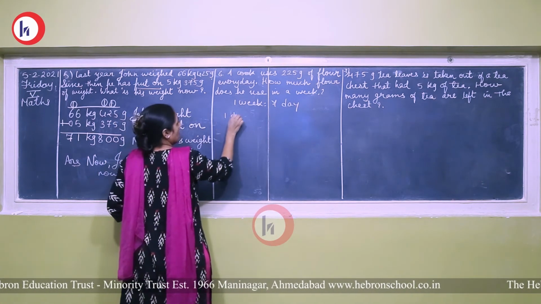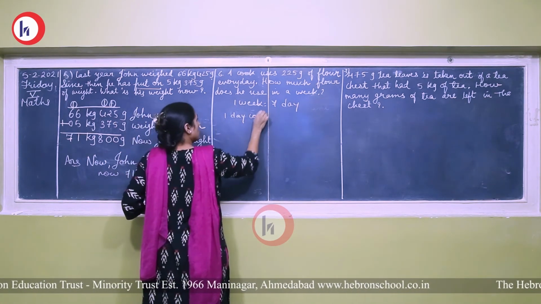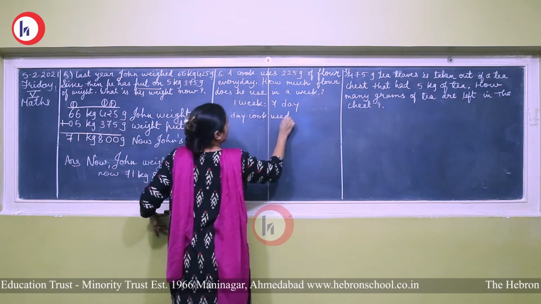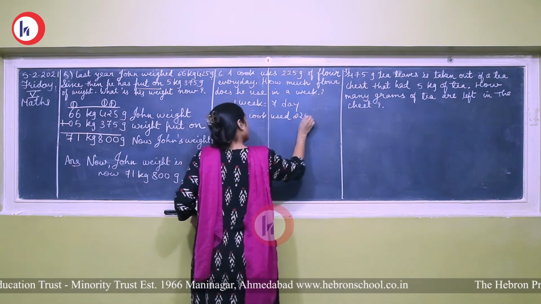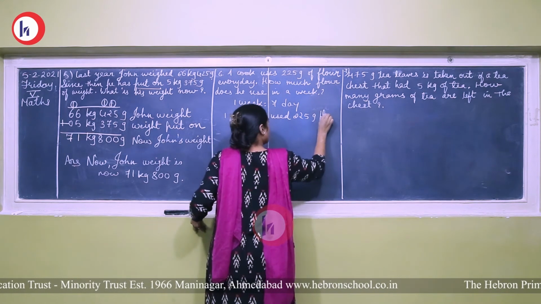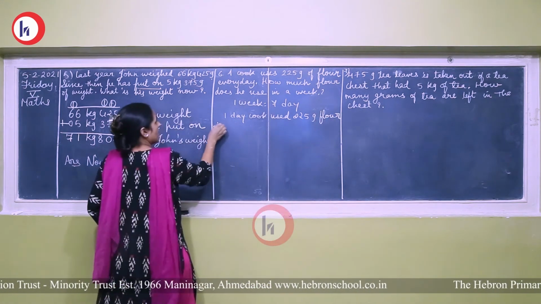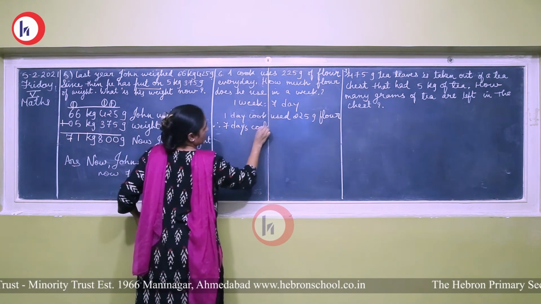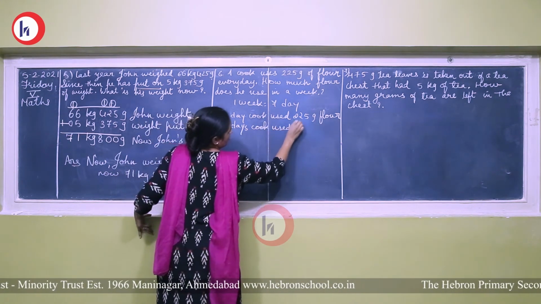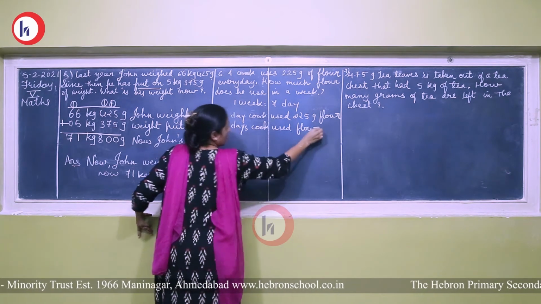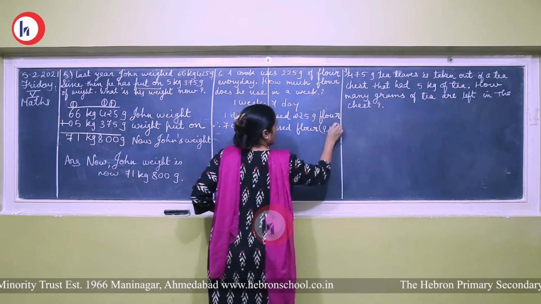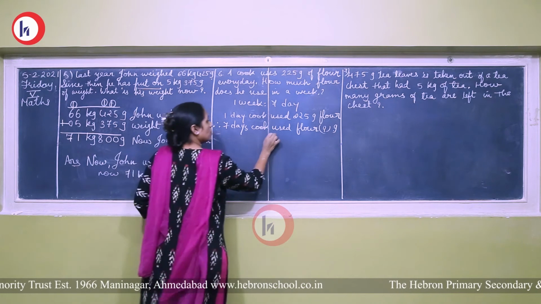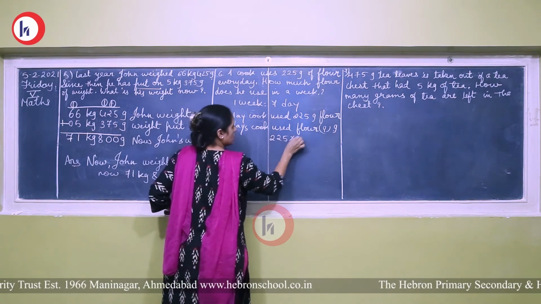So 1 day, cook used 225 gram flour. So 7 days, cook used flour question mark gram. So here we will do the multiplication.